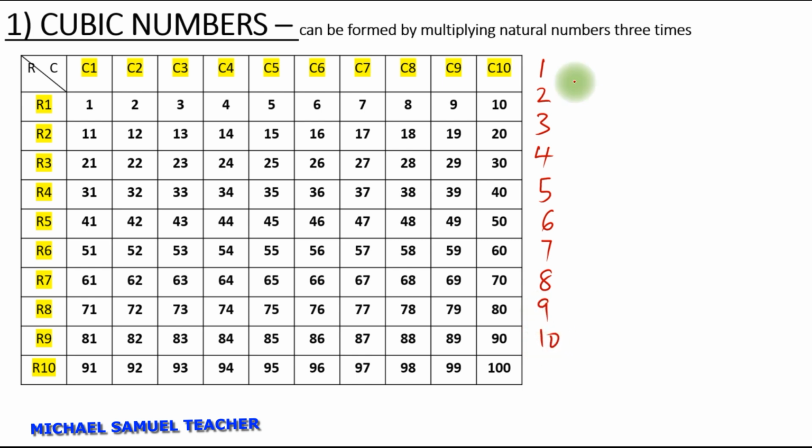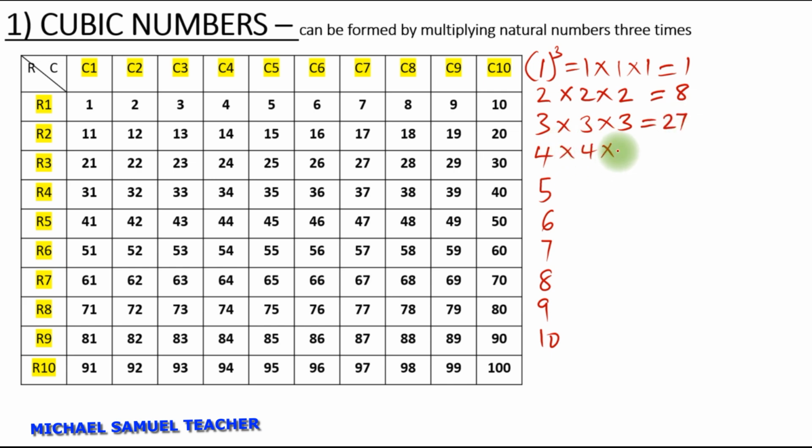Now, in other words, we cube or we multiply 3 times. So 1 times 1 times 1 is 1. The other one is 2 times 2 times 2, that is 8. 3 times 3 times 3, we get 27.